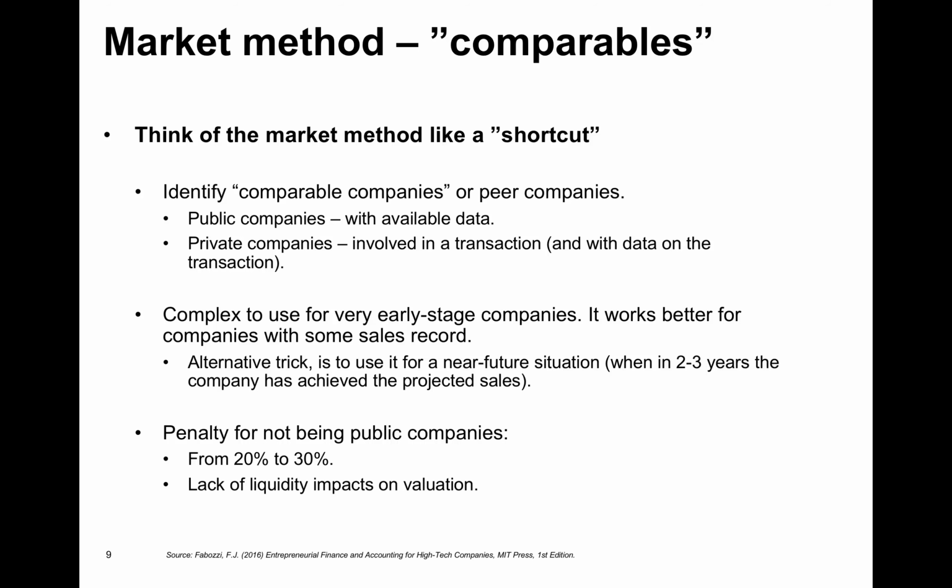So when we look at transactions and compare them to the market values of some similar companies that are public, we will see that there are some differences in the valuation. For example, how many times they pay for the sales of a supermarket that is privately owned and has been recently sold versus a supermarket chain that is trading in the stock market.